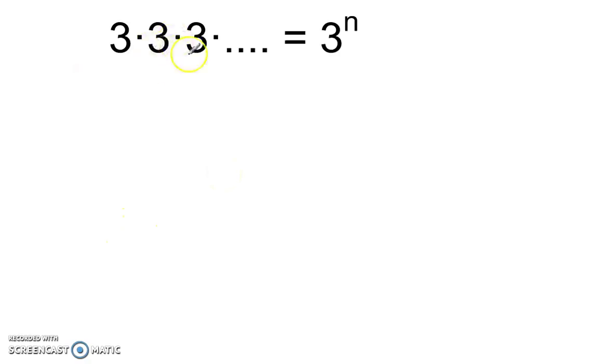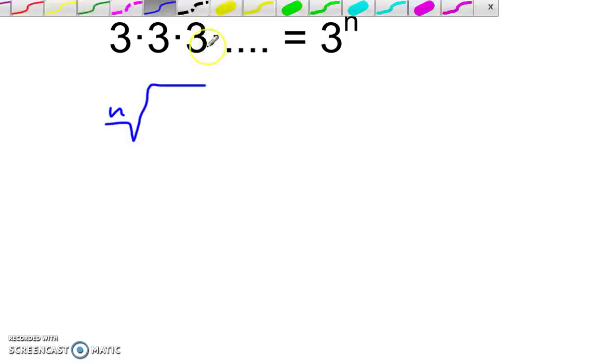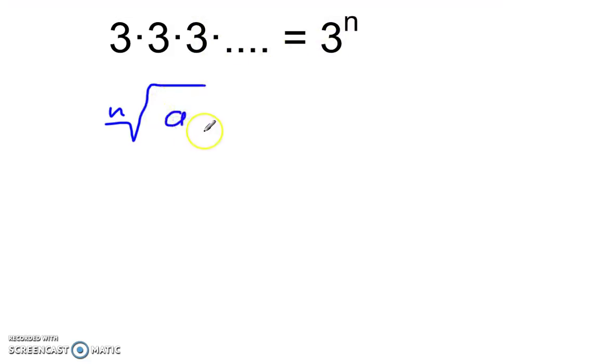Now, we can keep going to however many factors we want. So n for however many factors, so the exponent n, then I would use n for this, the nth root of whatever we got as a result, which would be a.